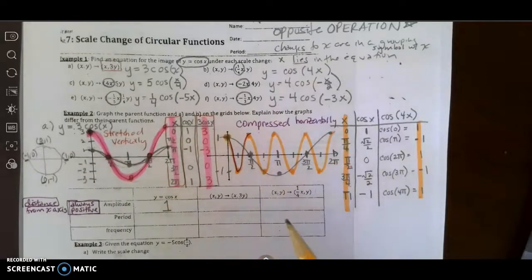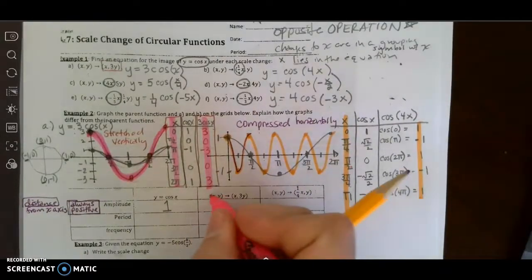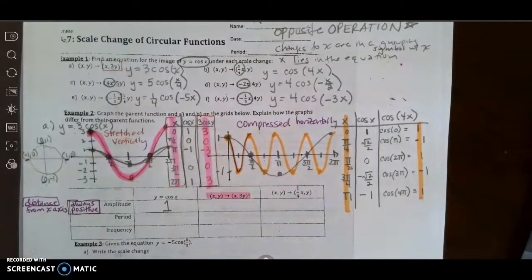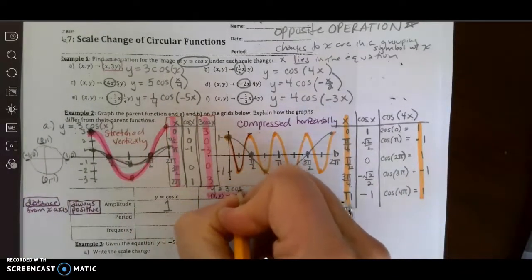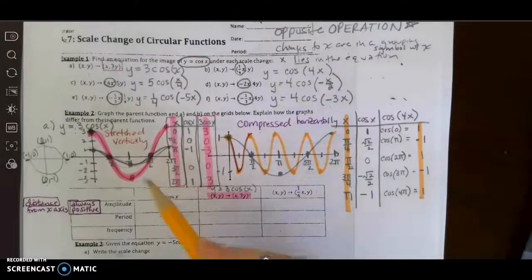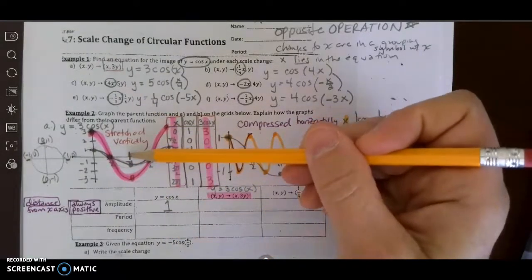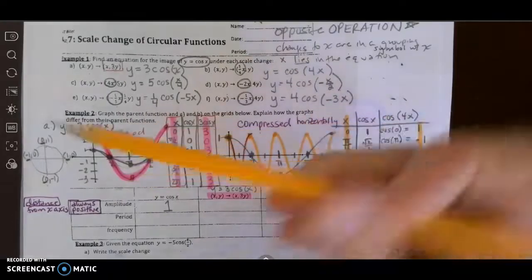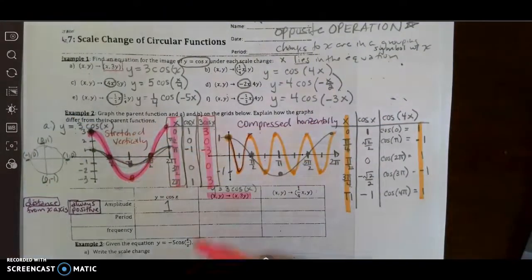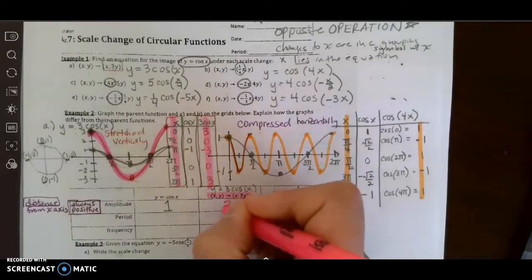In my 3x, this is my y equals 3 times the cosine of x. In this curve, from the x-axis, I'm 3 up or I'm 3 down. Therefore, my amplitude is 3.